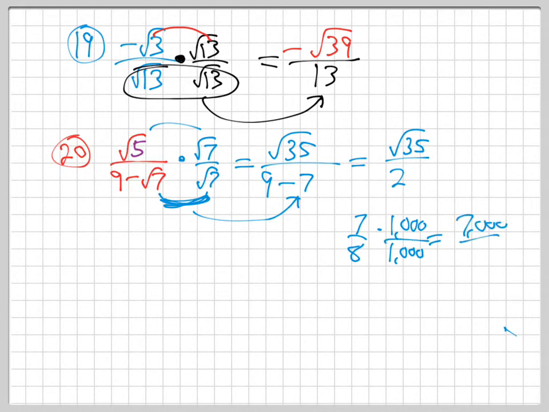It'll be 7,000 over 8,000. That's the same fraction. You can always multiply a fraction by anything in the world you want to, as long as you do the top and the bottom. You're not going to change it. Isn't that logical, reasonable? So let's not say we can't. Maybe we shouldn't. But we can always multiply top and bottom of a fraction by the same thing. That's never going to change it.